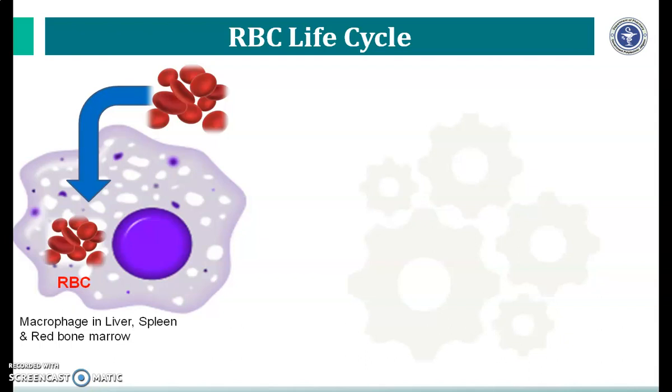RBC breaks down into heme and globin parts, as hemoglobin is the main component of RBC. The globin and heme portions of hemoglobin are split apart. The globin is broken down into amino acids, which can be reused to synthesize other proteins.